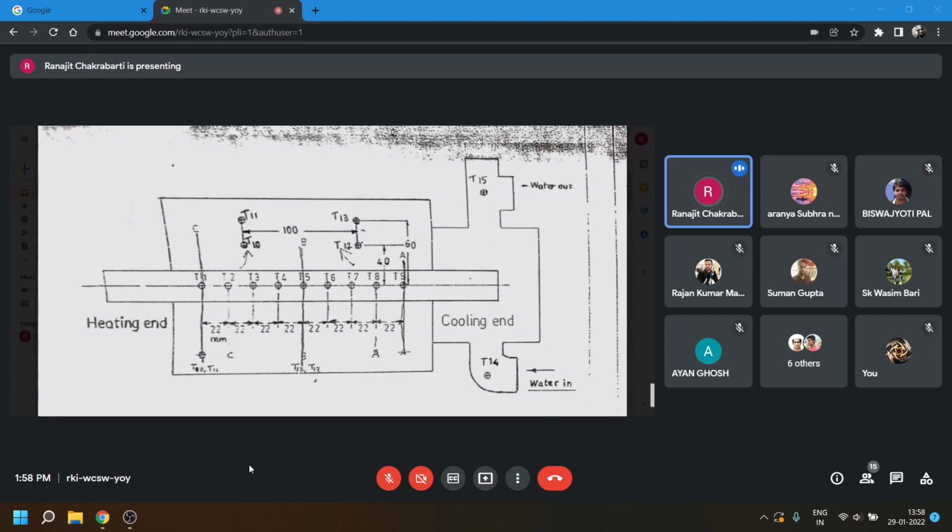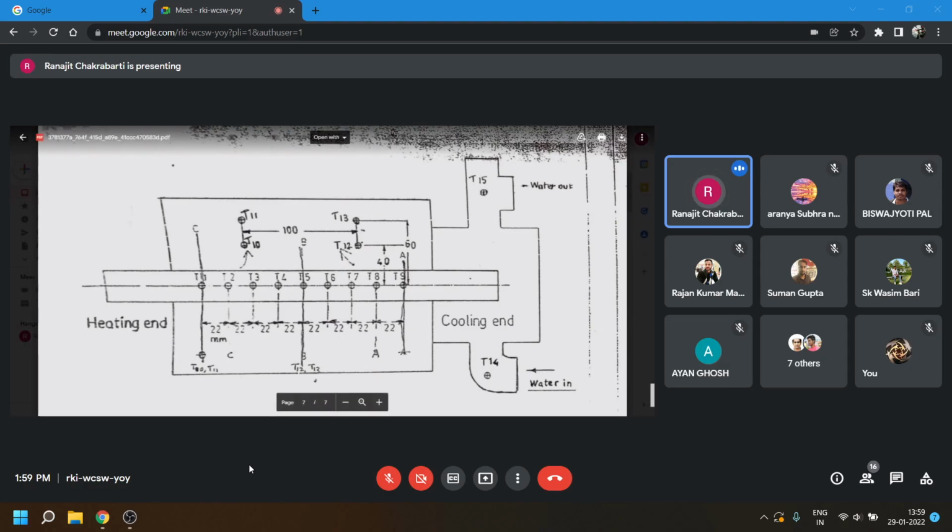Now area at this section is known, dT dx at section CC is available from the curve between T and X, and K at section CC can be determined from this equation, because q dot CC we have found out, that is equal to q dot BB plus whatever is the heat transfer between CC and BB in the radial direction. So with this we have been able to find out thermal conductivity at section A, Ka, thermal conductivity at section BB, Kbb, thermal conductivity at section CC, that is KCC.